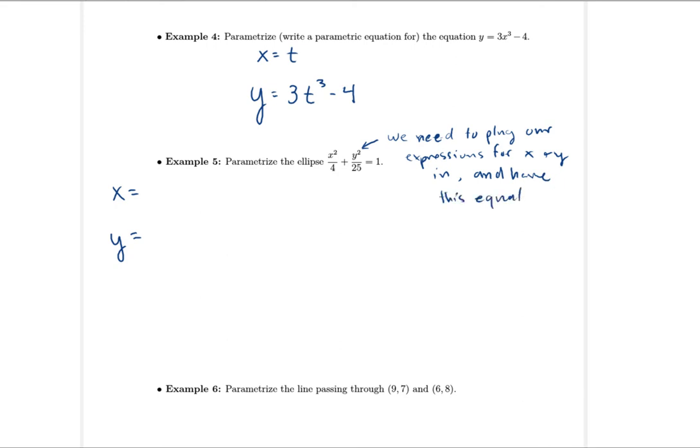I'm writing that out, and that might seem like you just wrote out what it means to have this equation. But here's the deal. We need to be able to plug things with t's in for x and y, and then those t's need to disappear.